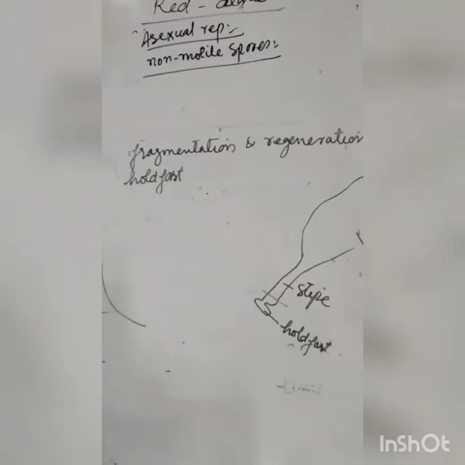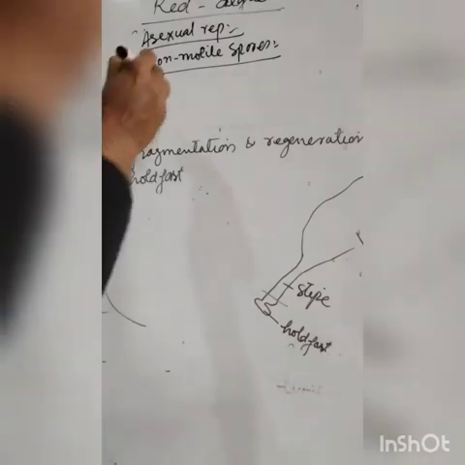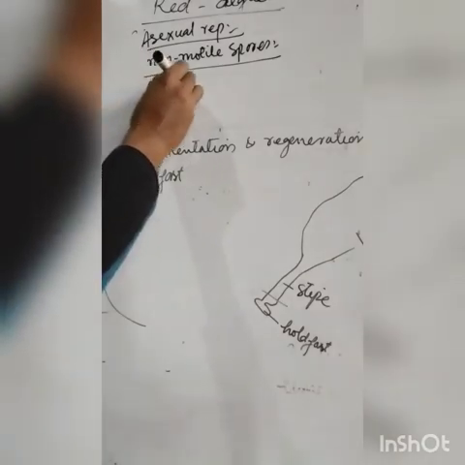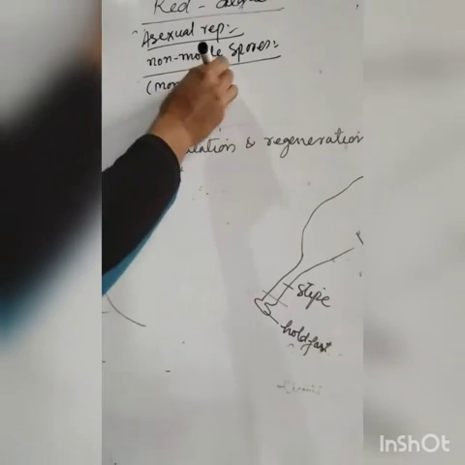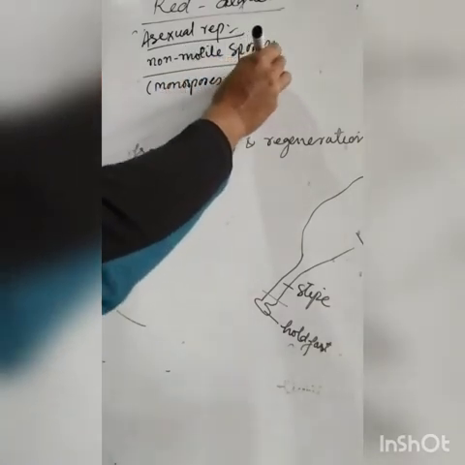Suppose there are a number of types of spores. There is one that is called monospores, monospores बोलते हैं कुछ को. Neutral spores बोलते हैं.